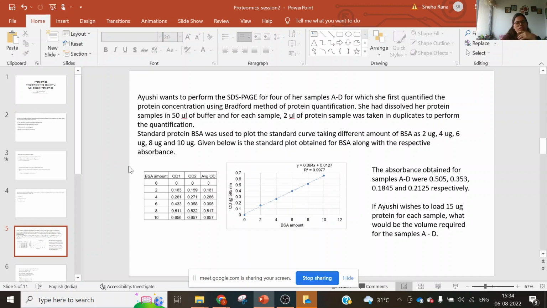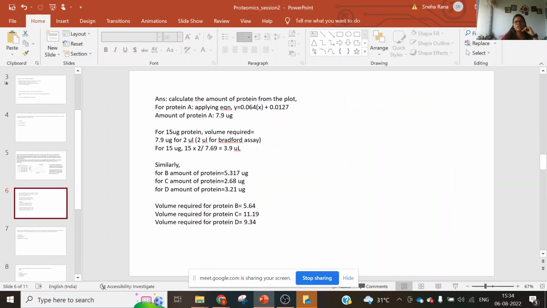So I guess most of you would have now been able to solve. So we will just discuss. If anyone of you has not understood, then we can discuss it. So this is the calculation. From this equation, first you need to calculate the amount of protein. Now see what is given.